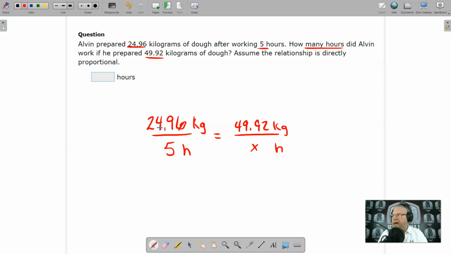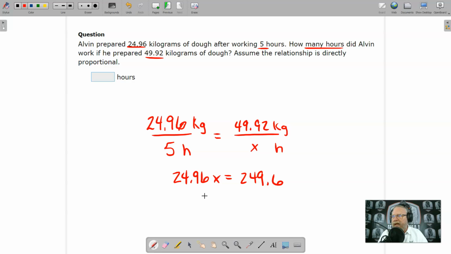So let's do cross products. 24.96 times x is equal to 5 times 49.92. And that's going to give me 249.6.